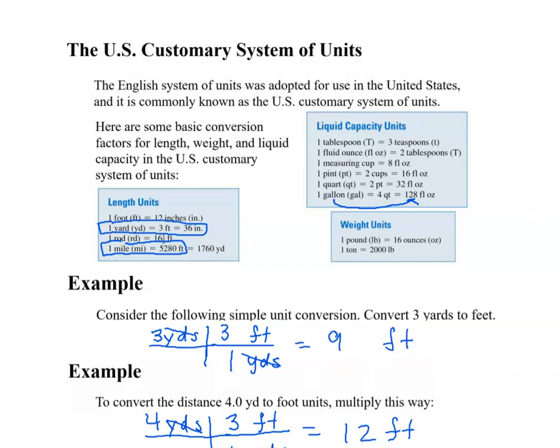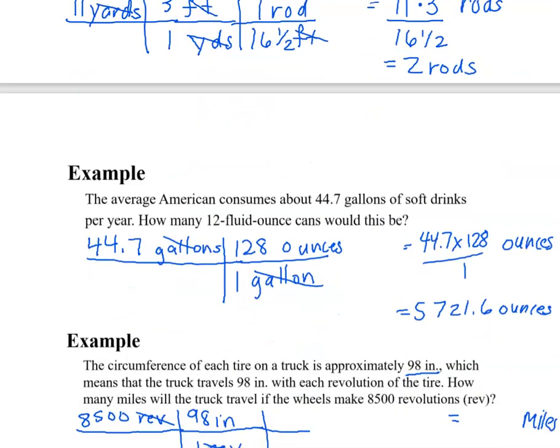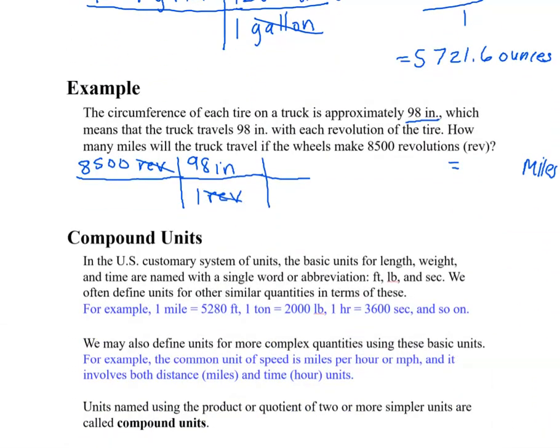So let's come back down here. We've got 12 inches in 1 foot. That'll get the inches to cancel out. And we've got 5,280 feet in 1 mile. Okay, so let's look at what we've got to multiply.